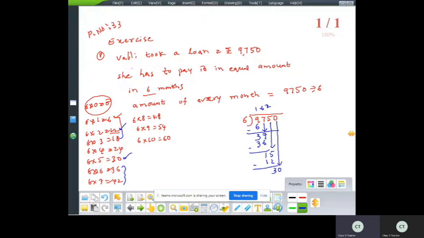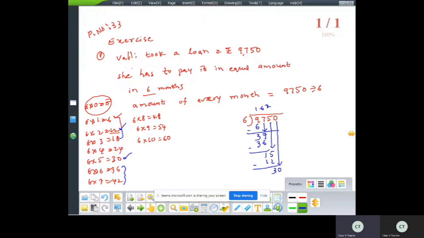Yes, the remainder is 0. The amount of every month is rupees 1,625.